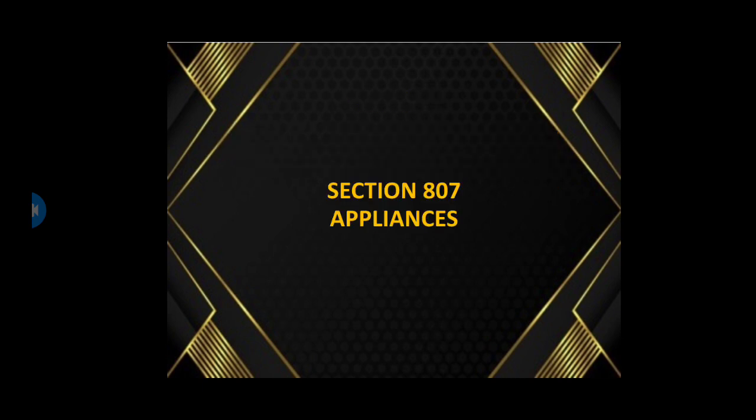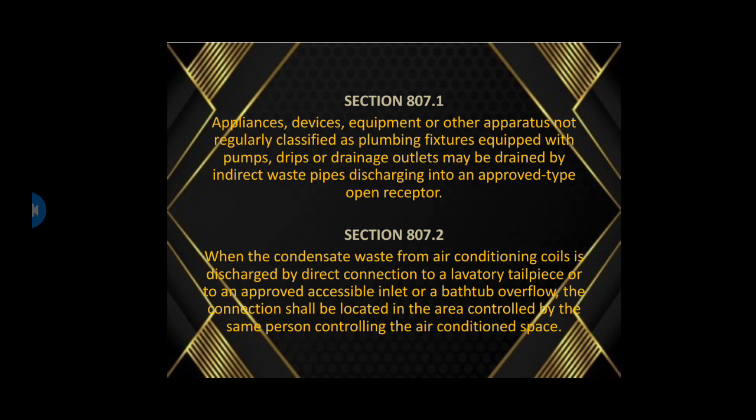Section 807. Appliances. Section 807.1. Appliances, devices, equipment, or other apparatus not regularly classified as plumbing fixtures, equipment with pumps, drips, or drainage outlets may be drained by indirect waste pipe discharging into an approved type open receptor.